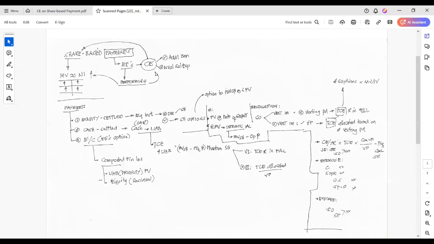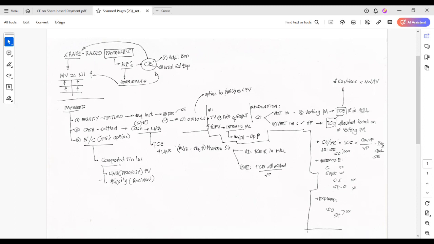Let's say it became 110. The market value of the share is 110. The predetermined price is this: you agreed that the predetermined price is 100. When the share rises above 100, I will pay you. I will add to your benefits in the form of this compensation as additional benefits.